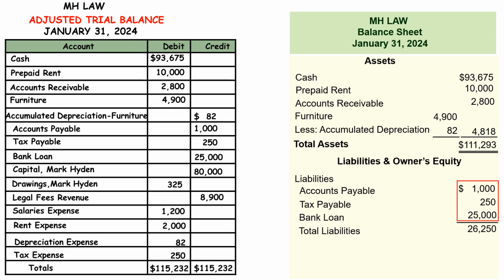So we need to list the owner's claim also, which is next. Again, we are going to write a heading called owner's equity. And now we are going to bring the balance of the owner's equity from the statement of owner's equity.